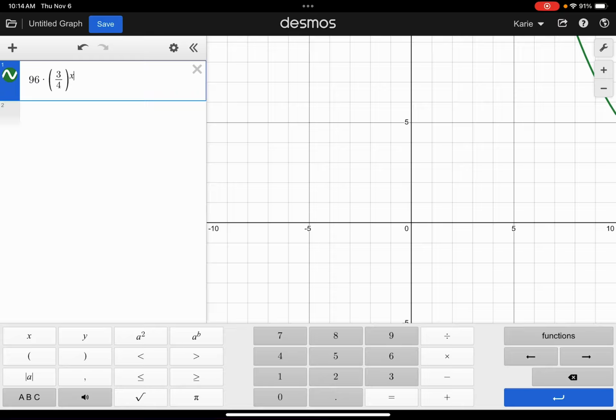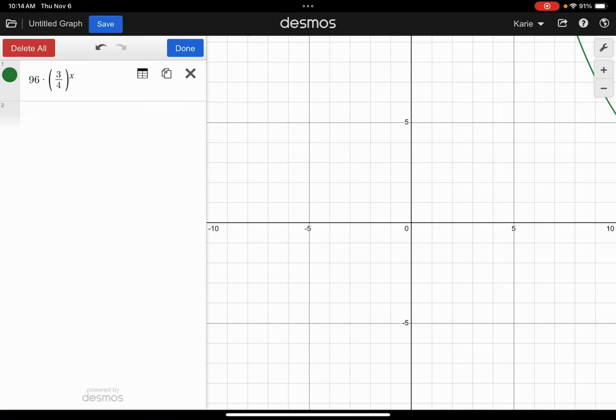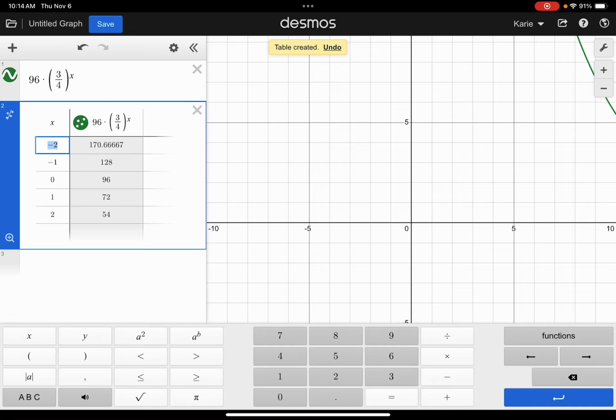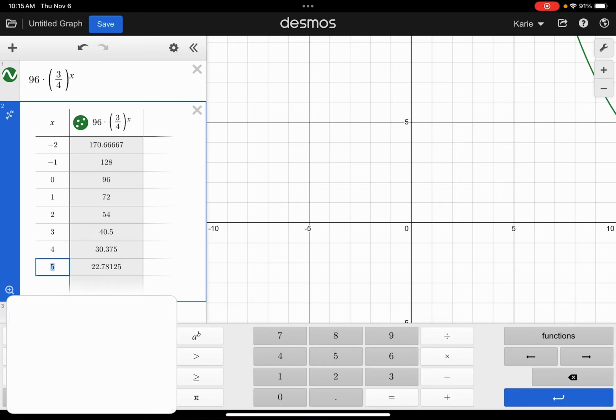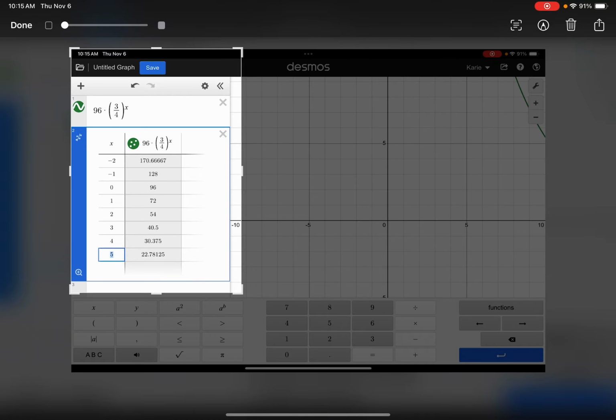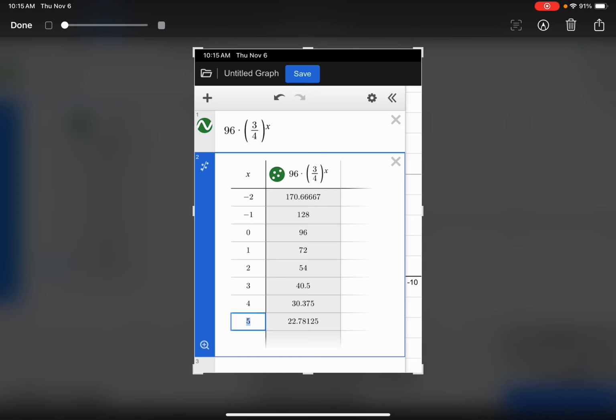And then I think there's a way I can make this a table, right? Yeah, there we go. Okay, and so I see my first term. Let's do, there we go, enter, enter, enter. I wanted the first 4 terms. Okay, you get to watch me do all the things. Done.